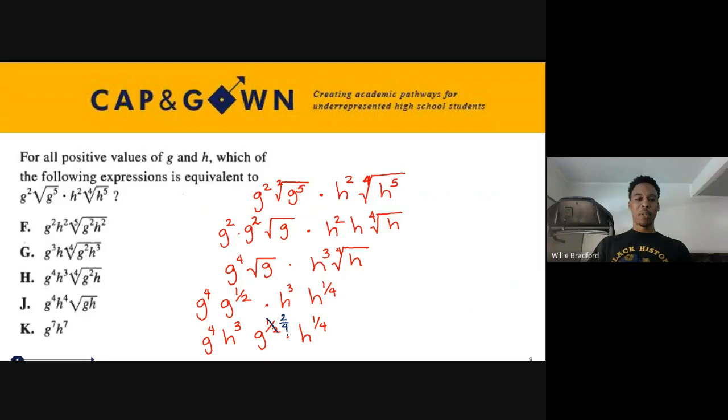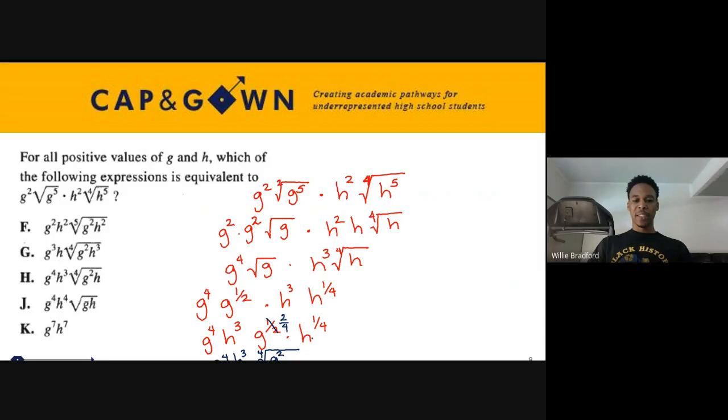That means I can put them in the same radical. So we'll keep that. G to the fourth, h to the third. Both of them are fourth roots. So this is g. I still have the squared here.